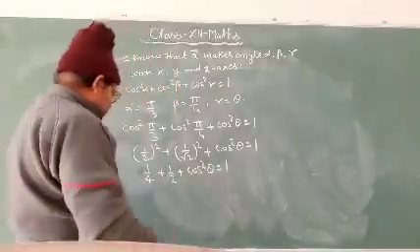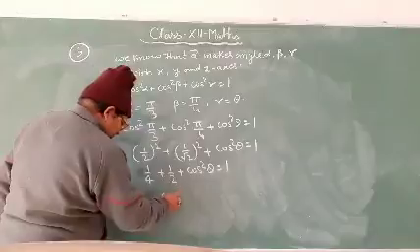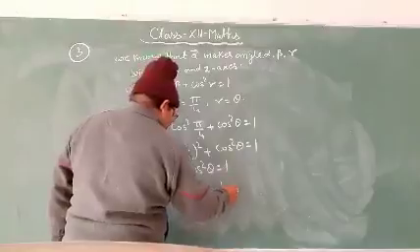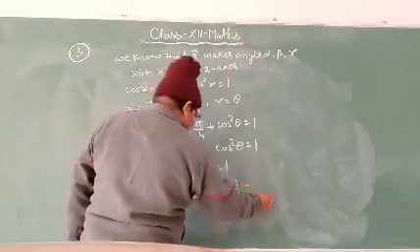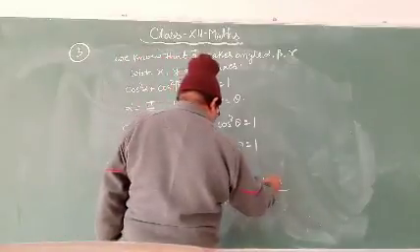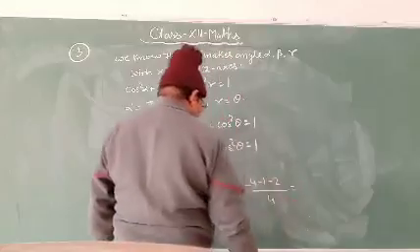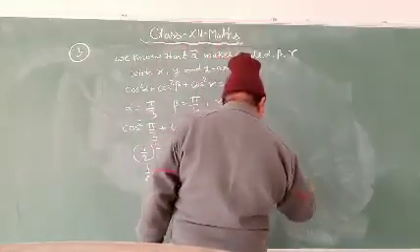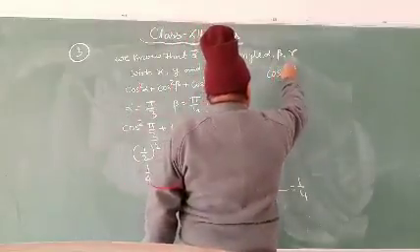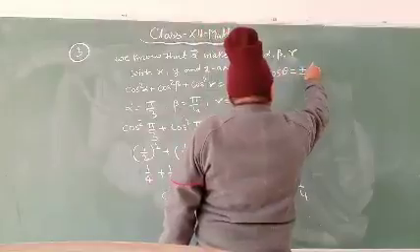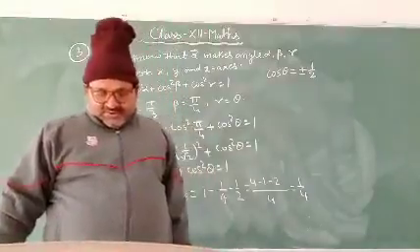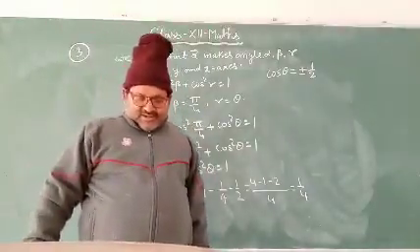Now cos square theta equals 1 minus 1 by 4 minus 1 by 2. Taking LCM 4, that is (4 minus 1 minus 2) by 4, equal to 1 by 4. And cos theta equals plus minus 1 by 2.